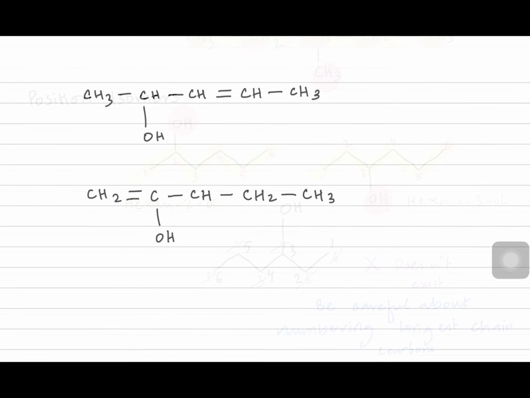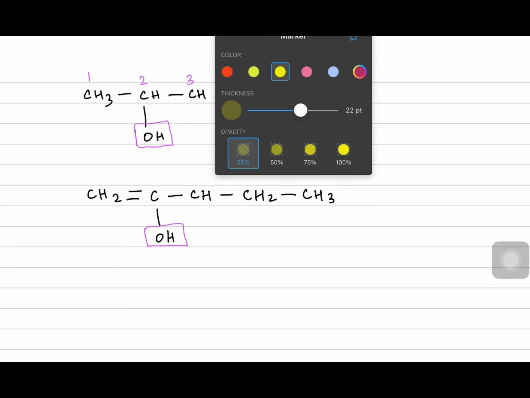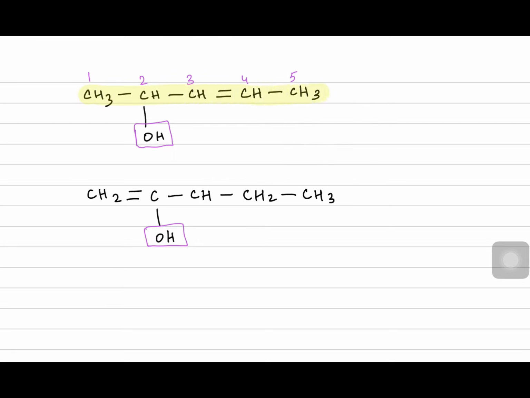Now we have two more structures. Let's number these carbons, but based on the OH group, because the OH group is a higher priority. We will number it from the left in both cases, as in 1, 2, 3, 4, 5, because that will make our longer chain, and OH is obviously our main functional group here.